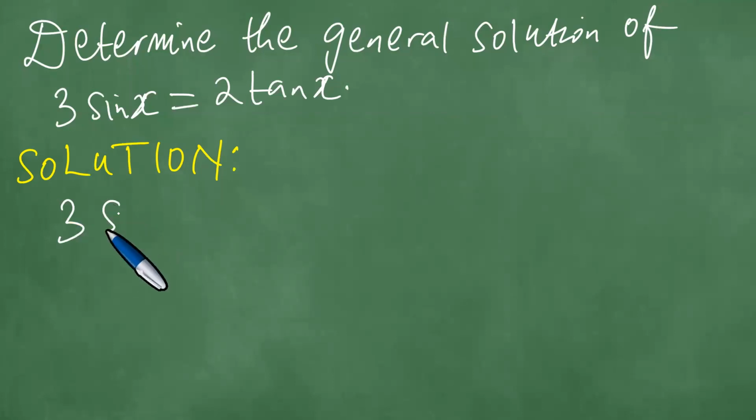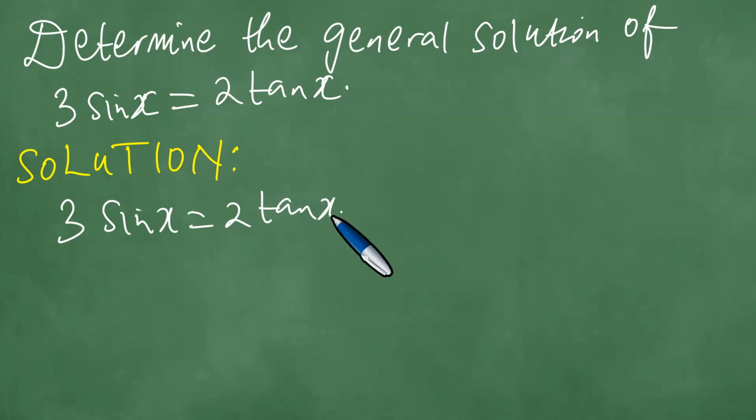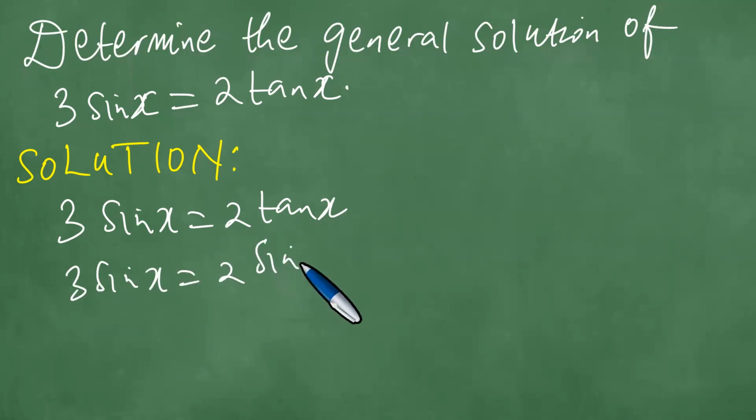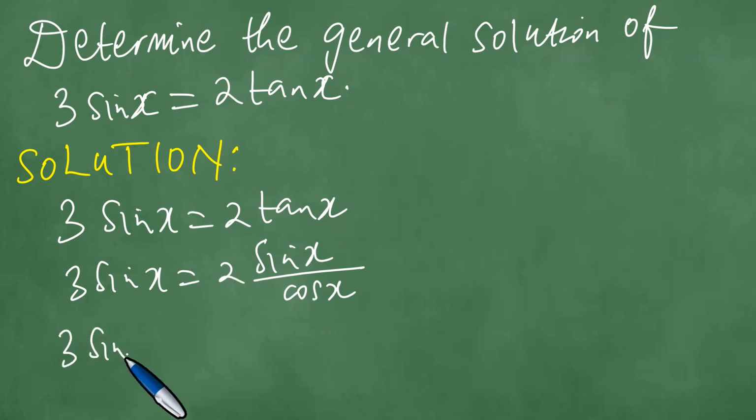Because we have 3 sin x, which is 2 the tangent of x. 3 sin x, which is 2 sin x over cosine x. You cross multiply, which is 3 sin x cosine x equals 2 sine x.